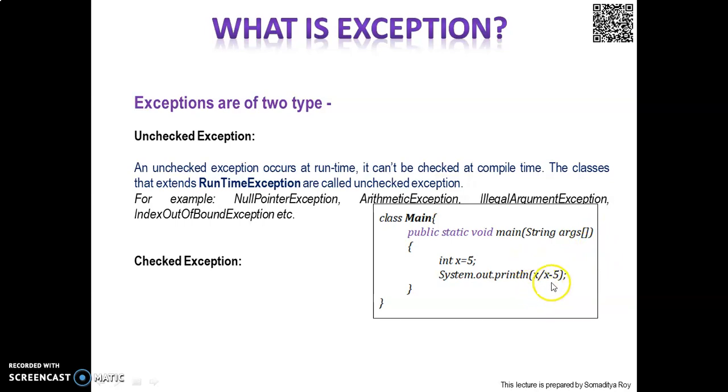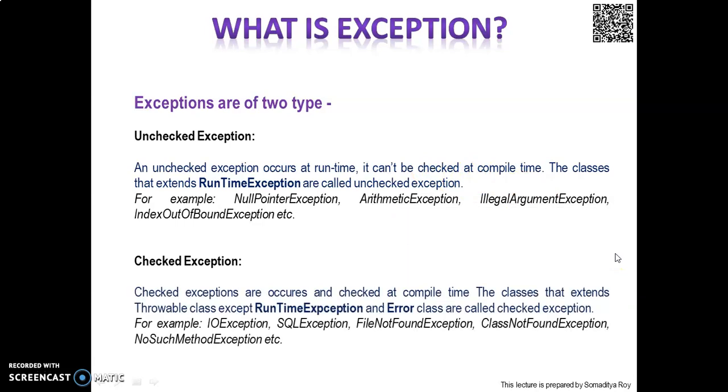In the next instruction, Java will collect that value of x from the memory and put it here and then do a mathematical operation, and that operation is 5 minus 5, which is 0, and then 5 divided by 0, and at that point Java realizes that there is an exception. So obviously it is not possible to check that exception at compilation time. So this is the case of unchecked exception.